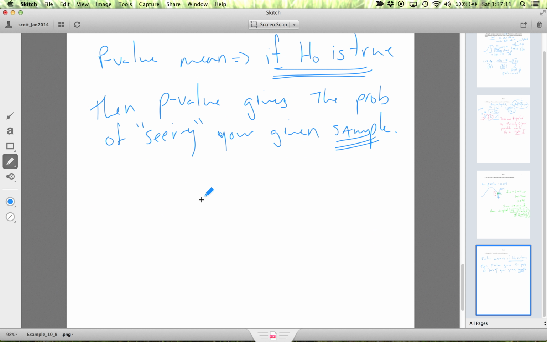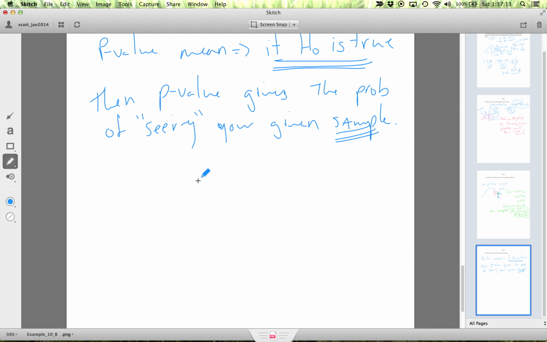What that means in terms of this question is, remember our p-value was 0.014. If H naught is true, what was H naught again?